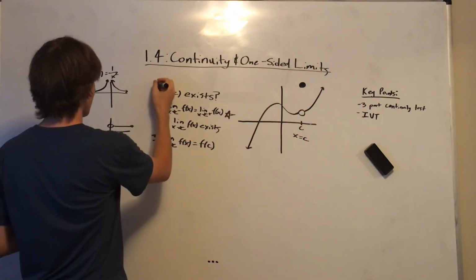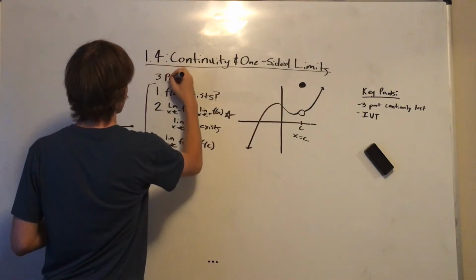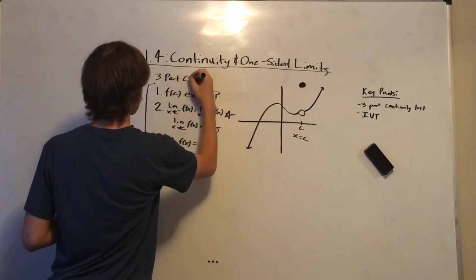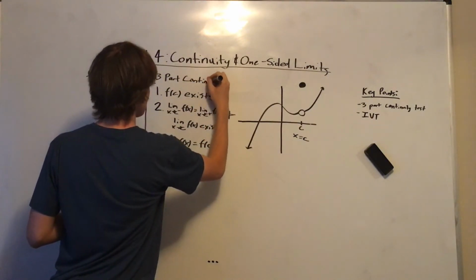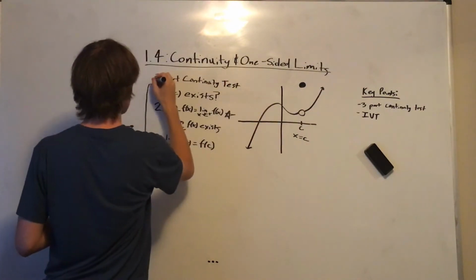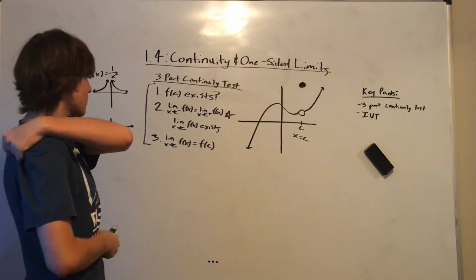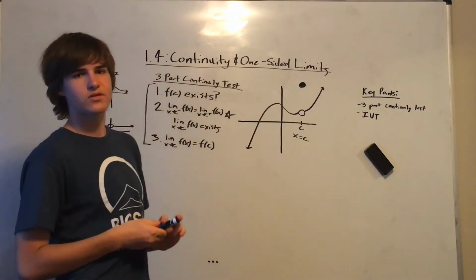This set of things right here is known as the three-part continuity test for obvious reasons. There are many different ways of showing this three-part continuity test, but for me, this set of three basically covers everything.